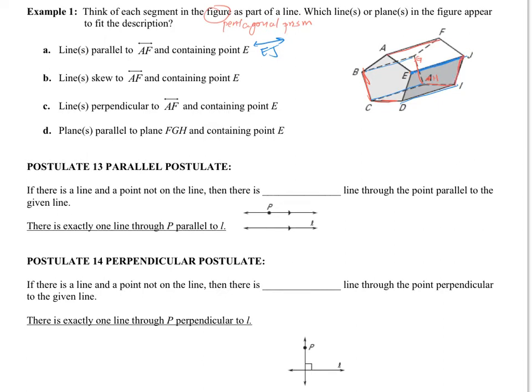Now there's one that I haven't named yet, and it happens to be DE. This one. And this is the only skew line that contains the point E. So my answer would be DE.